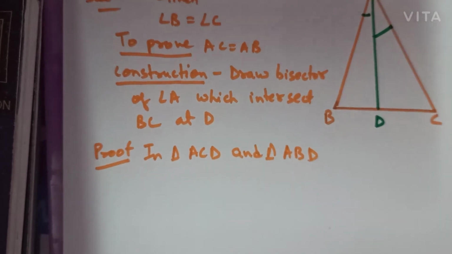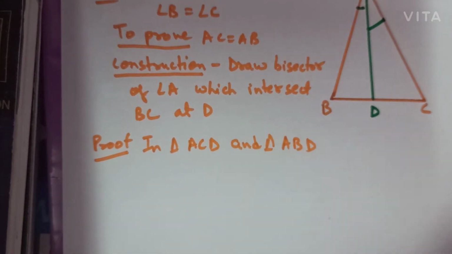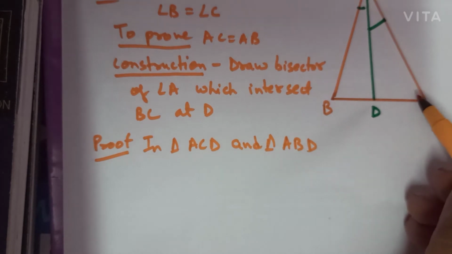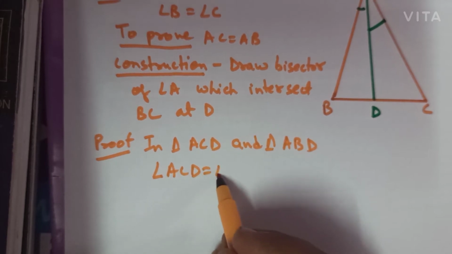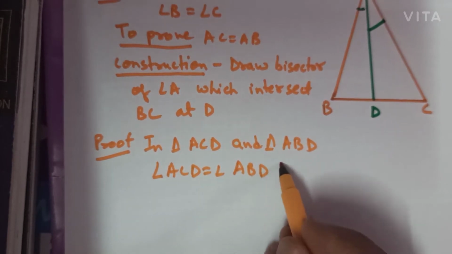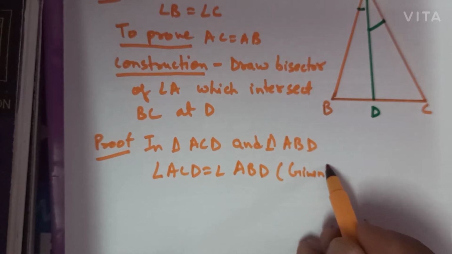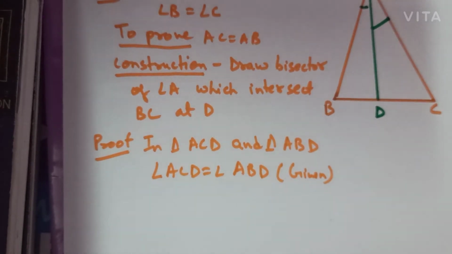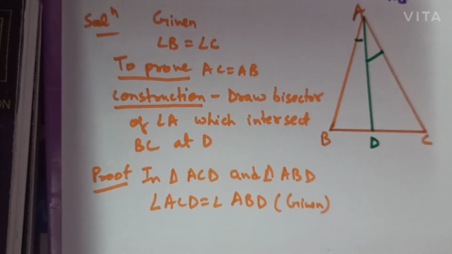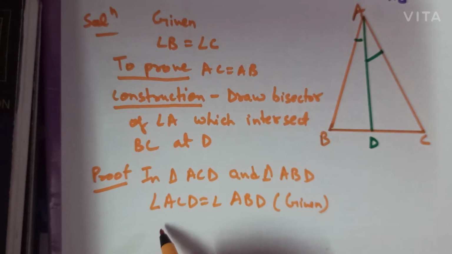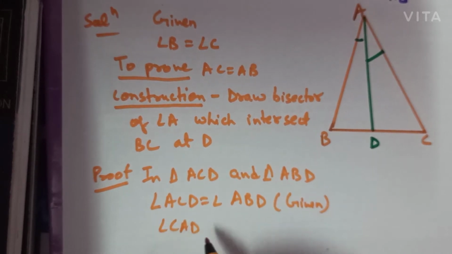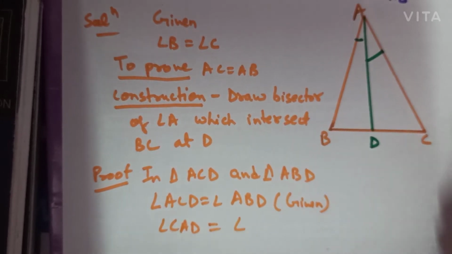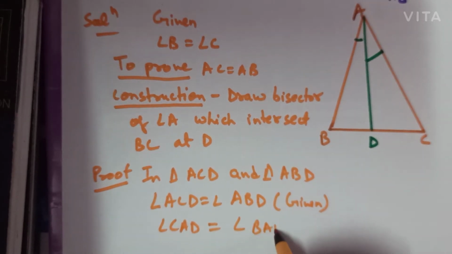And what is given? It is given that angle B is equal to angle C. So we can write angle ACD is equal to angle ABD. It is given in the question. Second, by construction we know that AD is the bisector of angle A, so angle CAD is equal to angle BAD by construction.